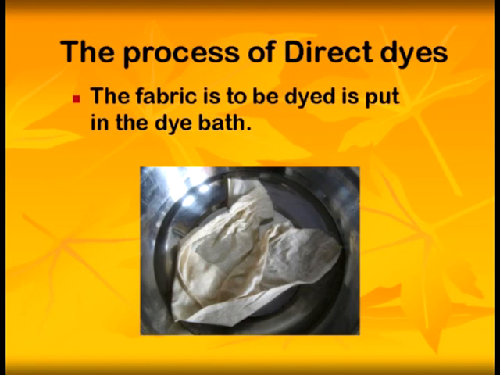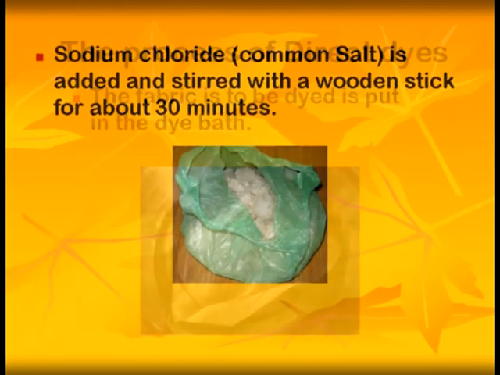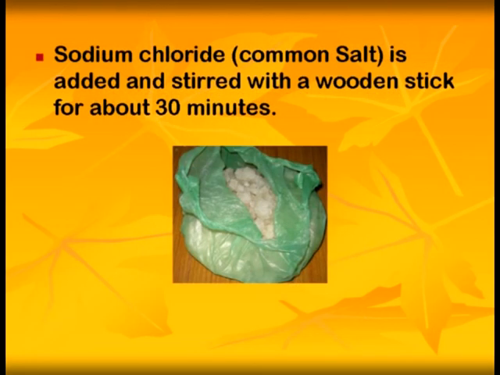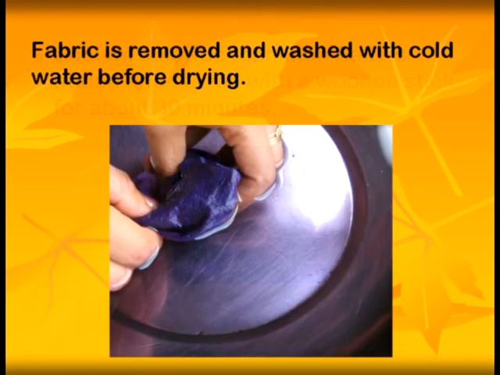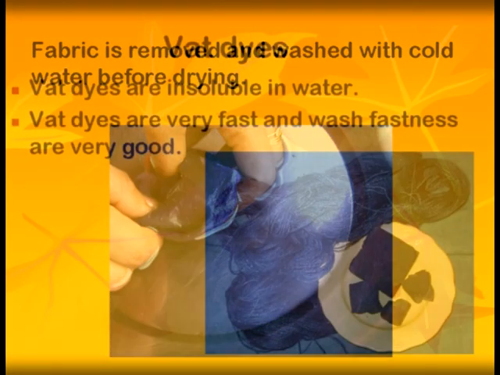After 15 to 20 minutes, 20 to 30 grams per liter of sodium chloride, which is also known as common salt, is added and stirred with a wooden stick for about 30 minutes. After this, the fabric is removed and washed with cold water before drying.